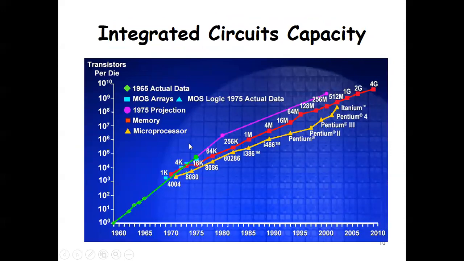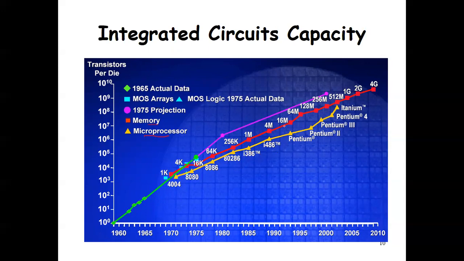So this graph projects how many transistors were placed in a chip over a period of time. Here we are talking about Intel processors. The yellow line represents the various Intel microprocessors, and the red line represents the memory capacity.